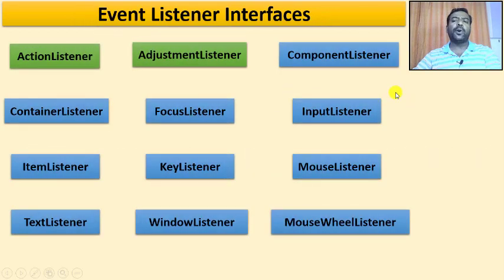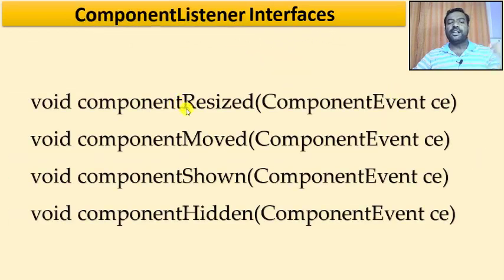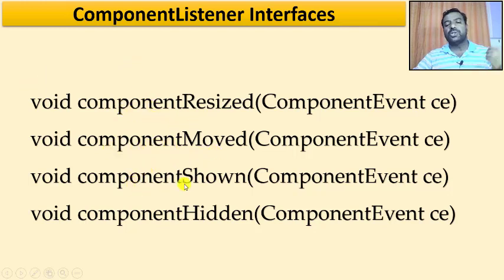If I talk about the component listener, it has 4 methods to be incorporated and defined: component resized, component moved, component shown, and component hidden for any given container. All these methods accept an object of the class component event.